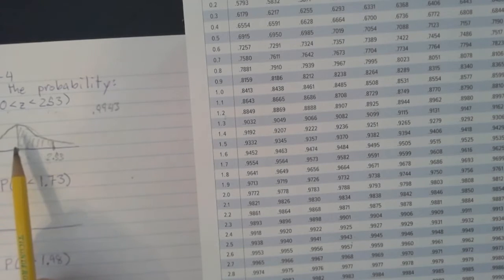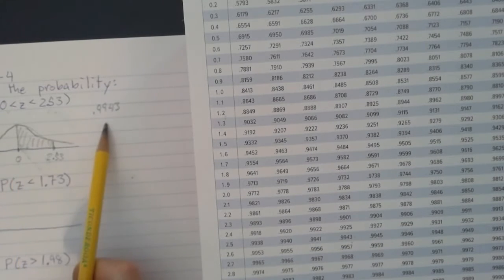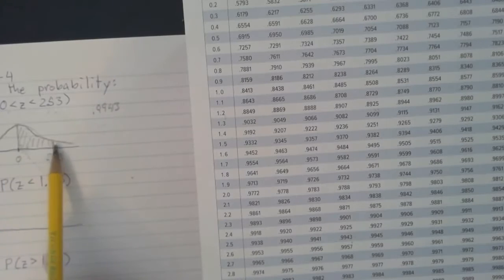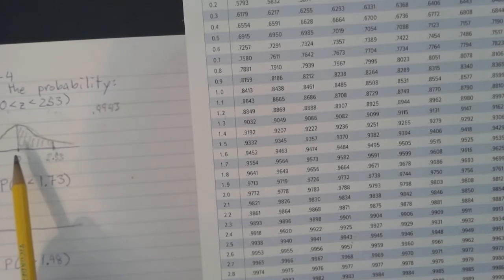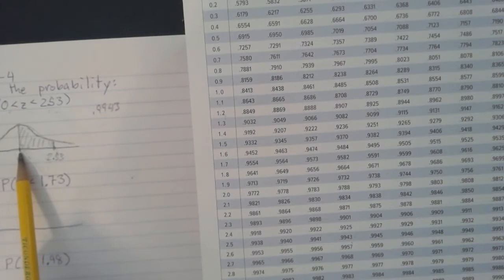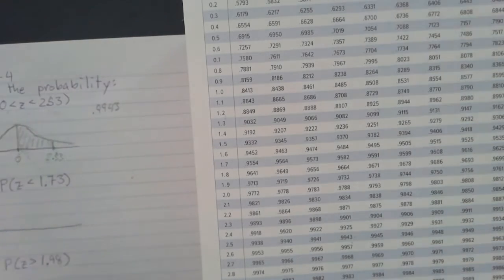Then we're going to look up the left area to the left of 0. And remember that we're going to subtract that away from the left area from 2.53. This is one where we don't even have to look it up because of the symmetry of the bell curve. 0 and to the left is exactly one half, the left half of the bell curve.